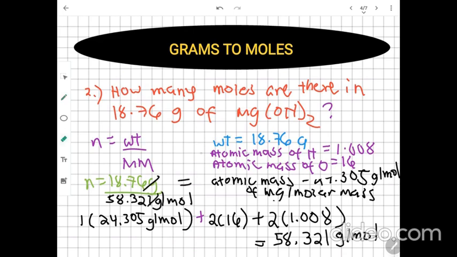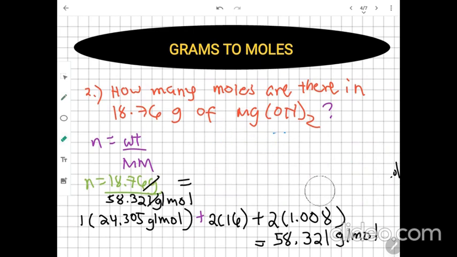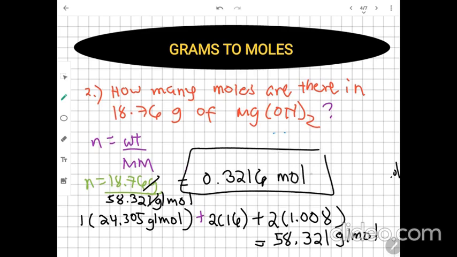So our final answer is 18.76 divided by 58.321, which is 0.3216, and the unit is moles, or mol. So this is the answer to the question: how many moles are there in 18.76 grams of magnesium hydroxide?